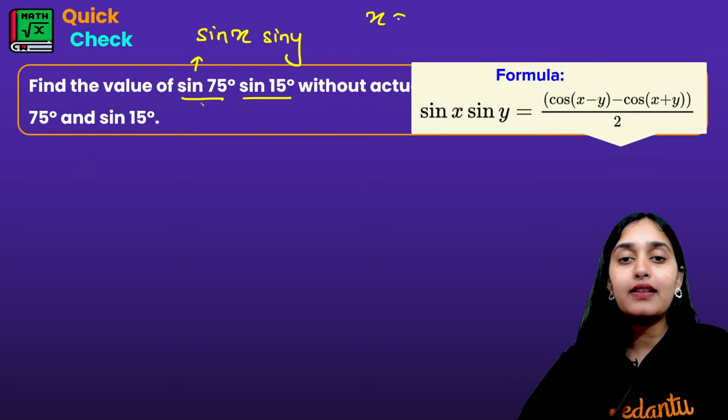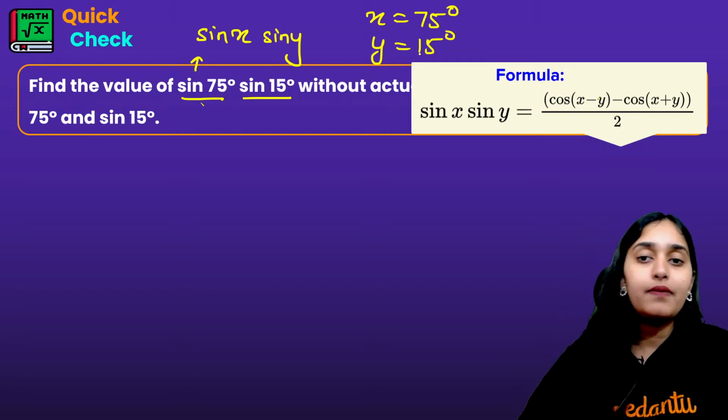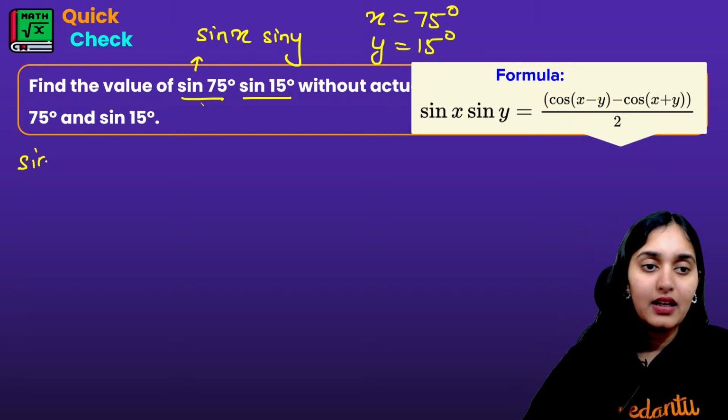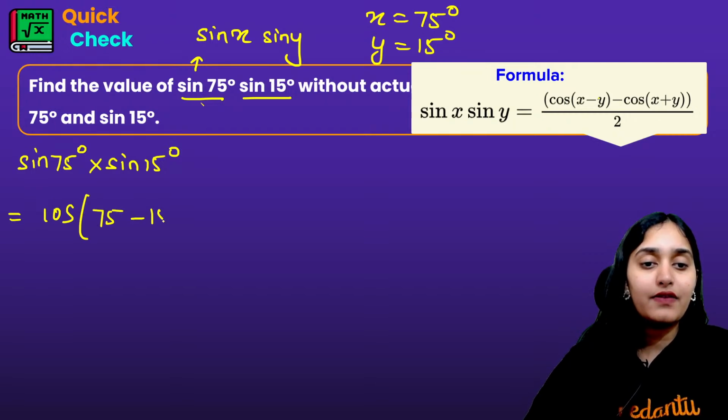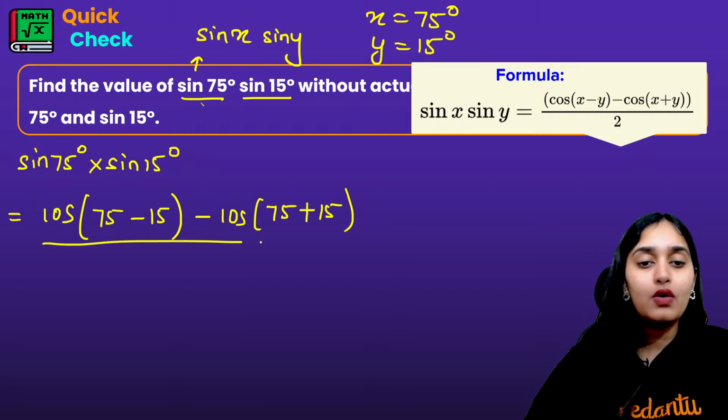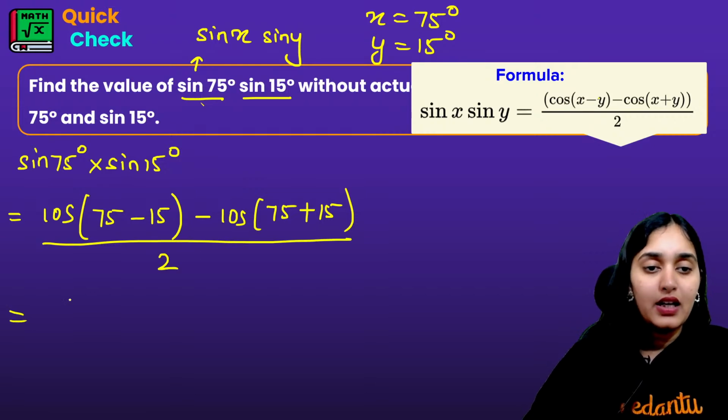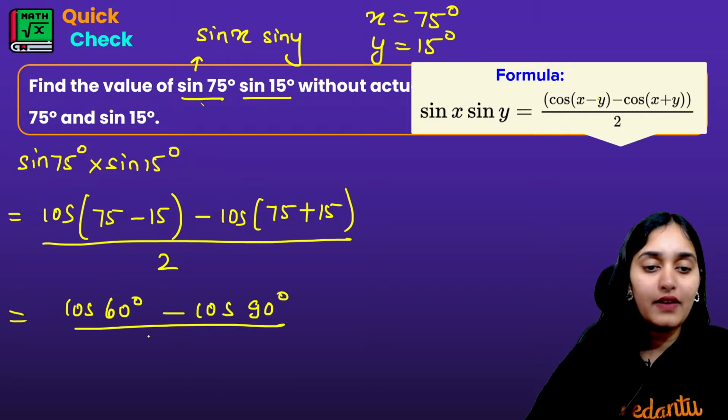So here x is 75 degree, y is 15 degree. So sin 75 degree into sin 15 degree is cos(75 minus 15) minus cos(75 plus 15), whole divided by 2. Cos 60 degree minus cos 90 degree, whole divided by 2.